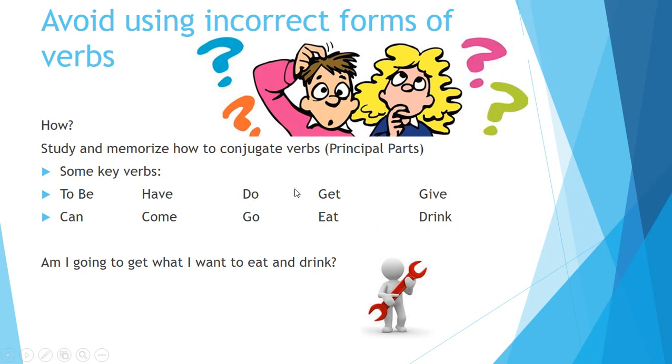We have to learn how to conjugate these verbs, and not just these, but a lot of verbs, as many as you can. So study all the verbs you can, memorize them, and you are going to be more fluent because you are going to know how to say everything, how to communicate your ideas.